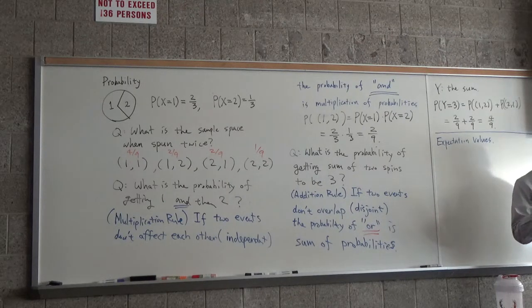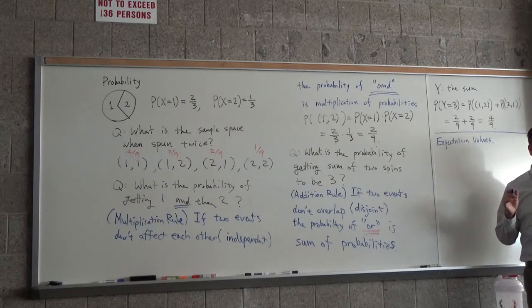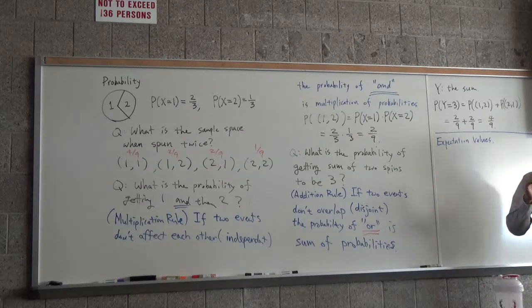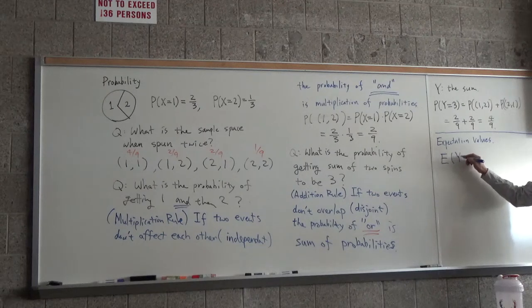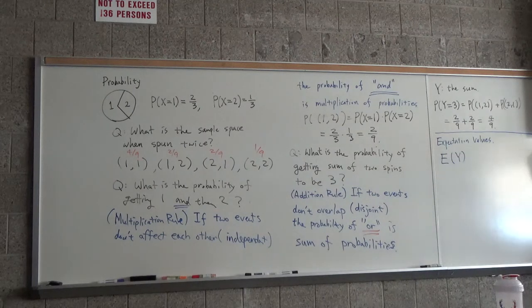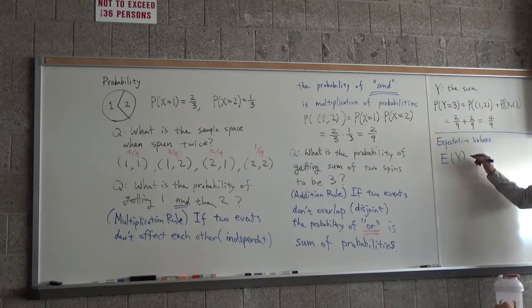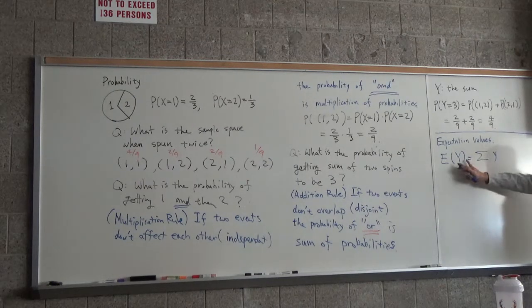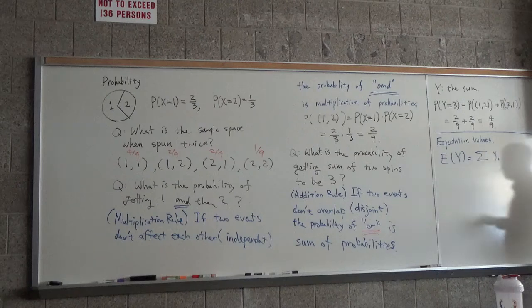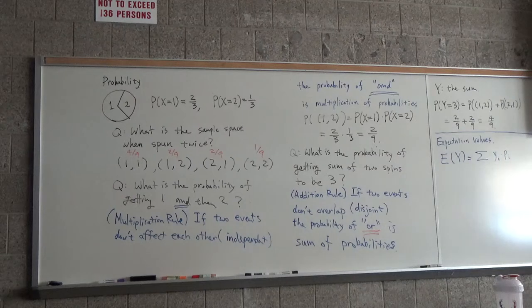So what is the expected value when you spin this thing twice? That is written like this: E of y. The way you compute this is you add them up. You take the values that y takes and multiply each by the probability of that happening.